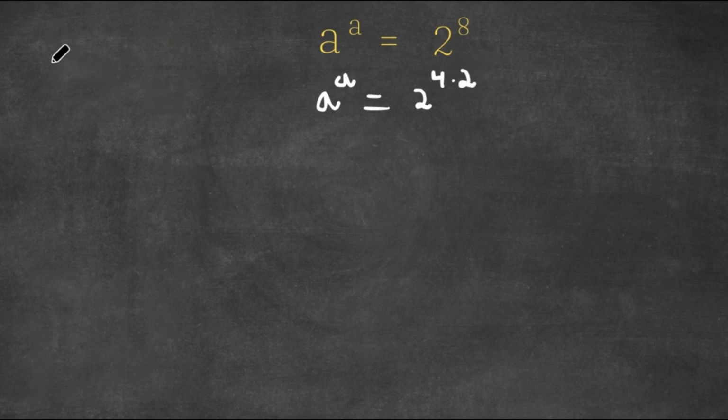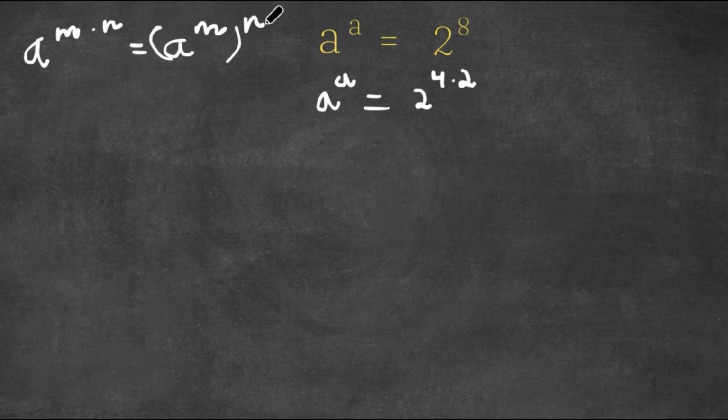And now, if we have something in the form a to the power of m times n, we could write this as a to the power of m to the power of n. Or we could also write this as a to the power of n to the power of m.